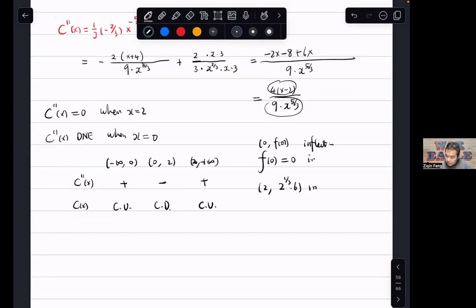So that's another inflection point. We have 2 inflection points. One has the left side concave up and the right side concave down. The other has the left side concave down and the right side concave up, right?